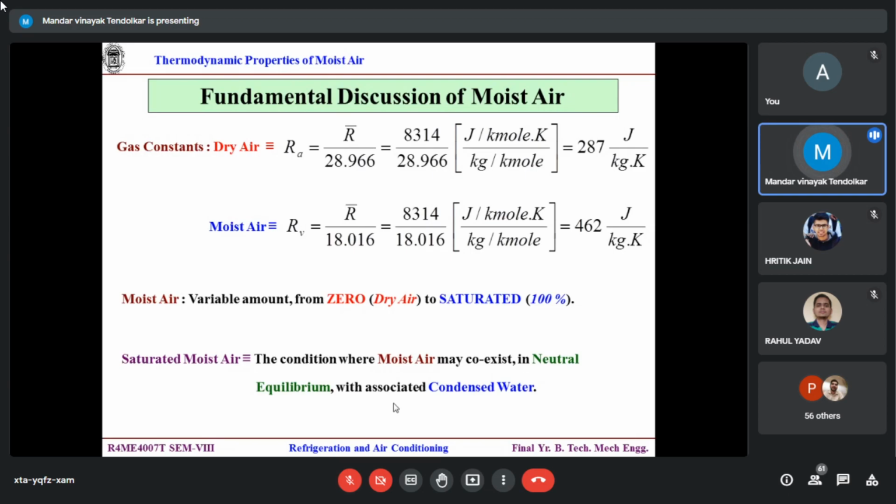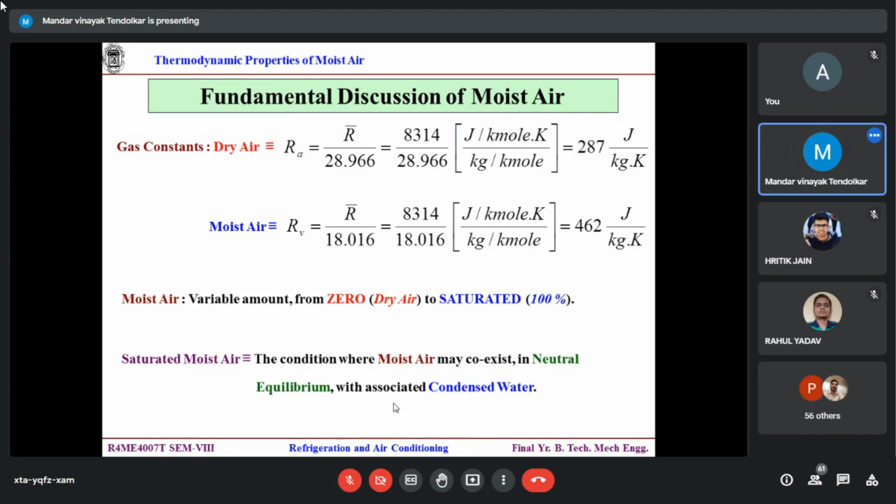That means the moment you disturb this equilibrium, condensation starts. That means the moist air, which is holding that moisture, will start getting separated. So saturated moist air is the last condition after which separation starts.